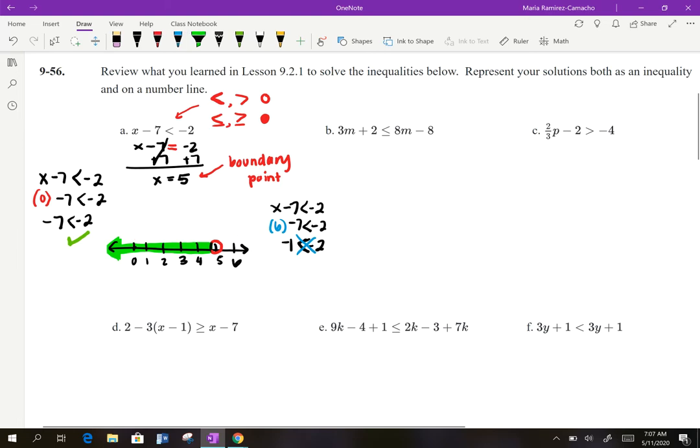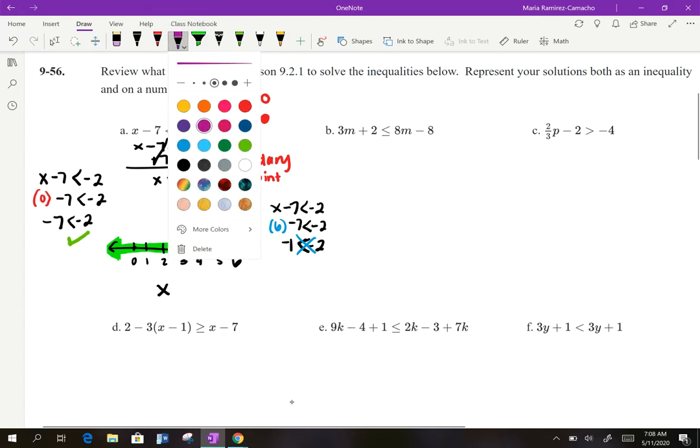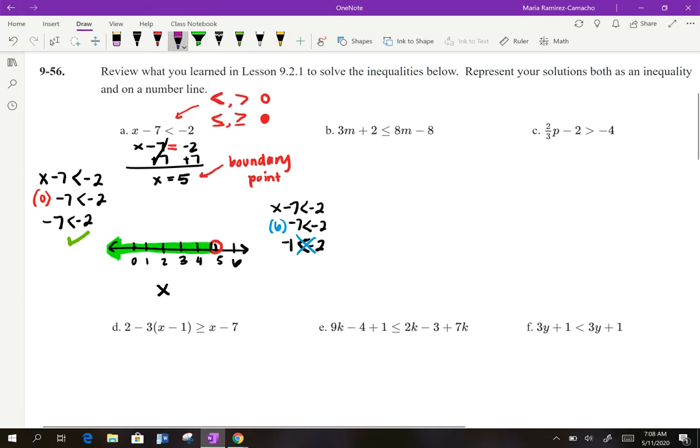Now the last thing that we have to do is just write the solution as an inequality. So you start with x. And then the nice little trick is that your inequality symbol can come from the number line. For example, we're shading towards the left. It's like an arrow pointing towards the left.